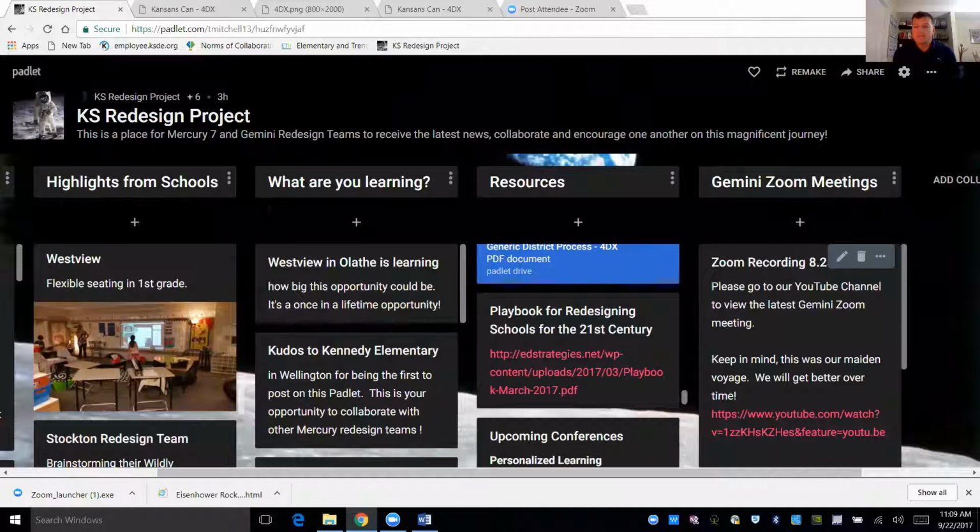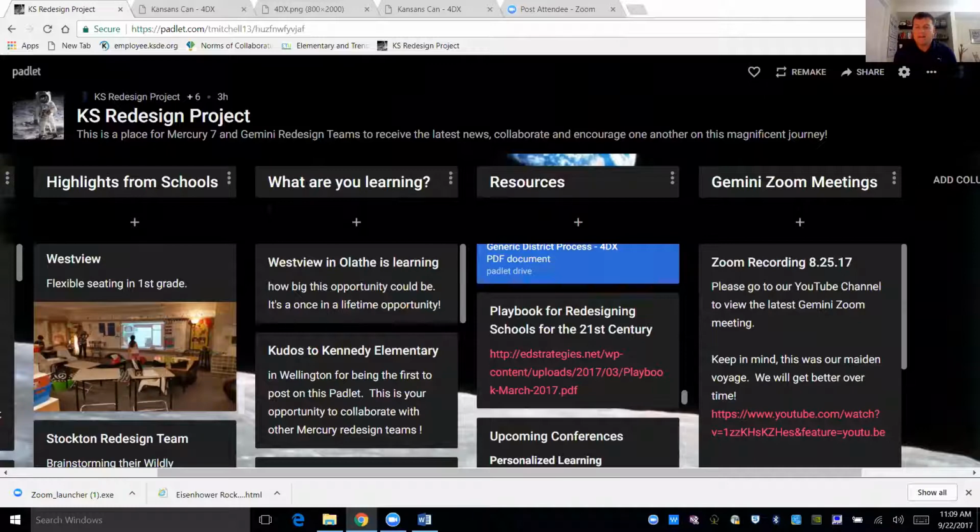But no, just an informal mixer between the Mercury and Gemini schools. It's sponsored by USA, KNEA, and KSDE, and we're very happy that they were so supportive in sponsoring this event. We hope that everybody can make it.